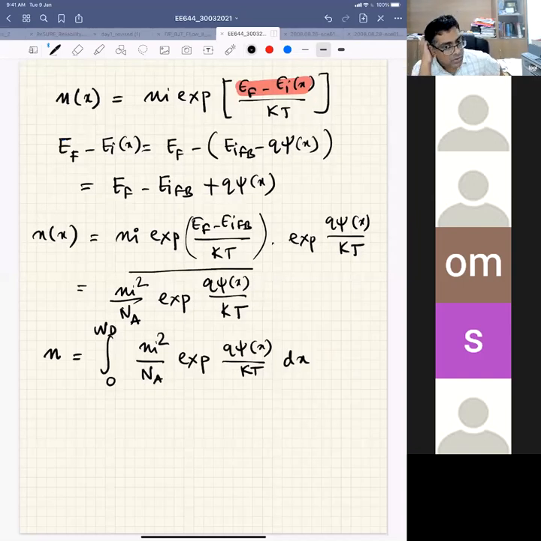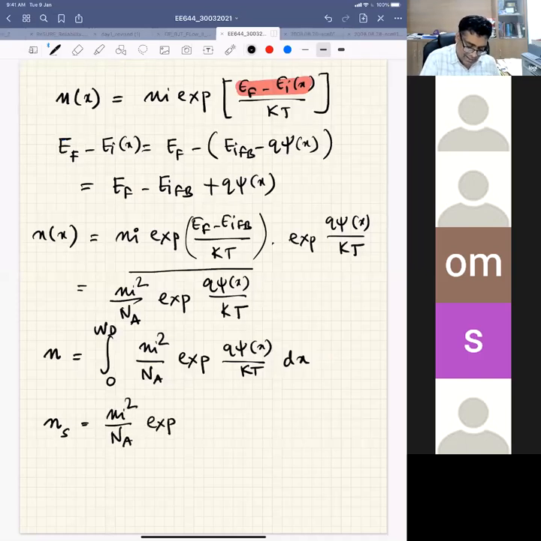So that you could do. But if you want to find the number of electrons at the surface, because electrons will accumulate at the surface only, this is nothing but Ni square by Na exponential of Q psi s by KT, right?